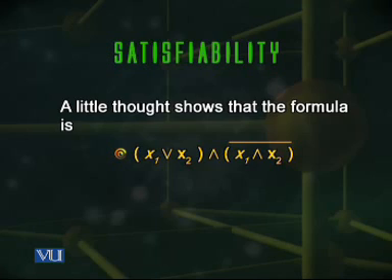The second part is saying that both of them cannot be true simultaneously. So if you put these things together and take the AND of them, the formula says that exactly one of x1 or x2 has to be true.